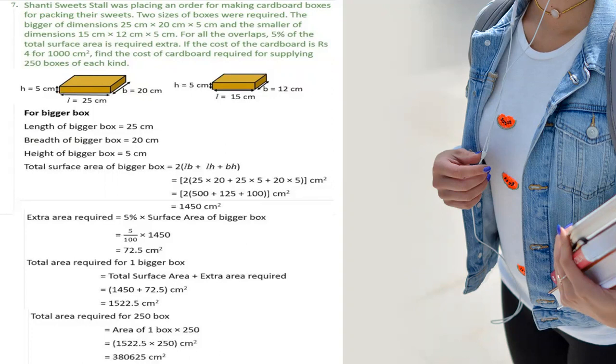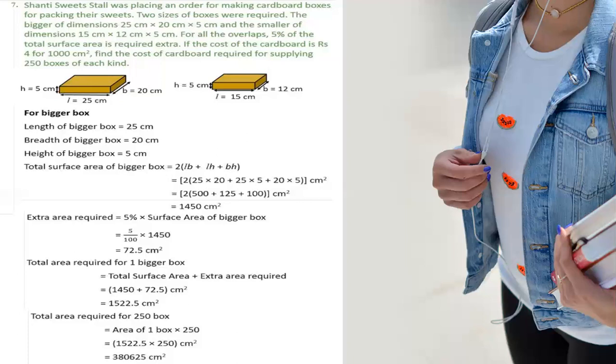So we need to find the area of each box and add 5% extra area to it to get the cardboard required for making each box. Here we need to make 250 boxes of each type. So we need to make 250 bigger boxes and 250 smaller boxes. And we need to find the cost of the cardboard required for supplying each type.